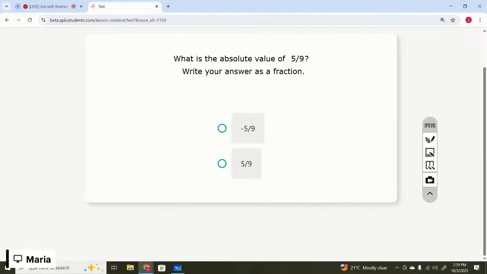What is the absolute value of 5 by 9? That is 5 by 9.